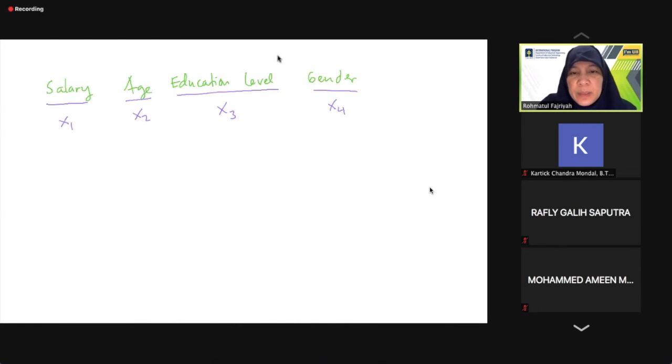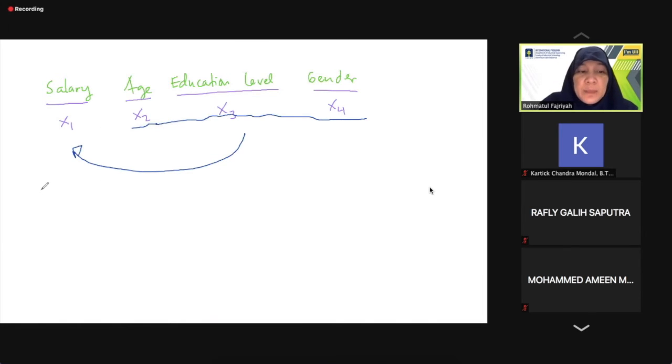So in this case, I would like to measure the effect or the contribution of someone's age, education level, and gender toward this one. It means this one you want to predict.